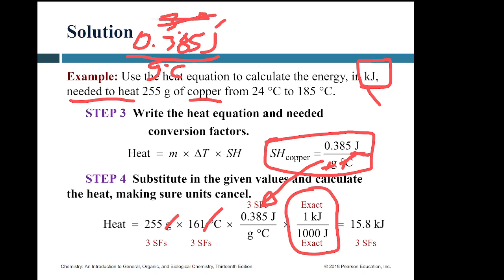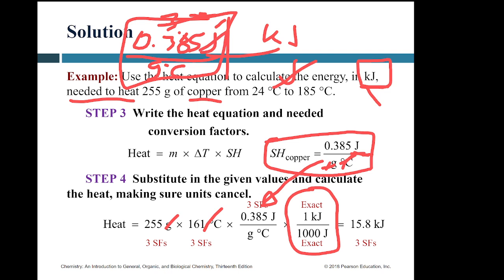This is what I have so far. I know I have to somehow get joules by themselves, and get that into kilojoules. Which would we like to do first? Let's get into kilojoules. I divide by joules, so joules will cancel.